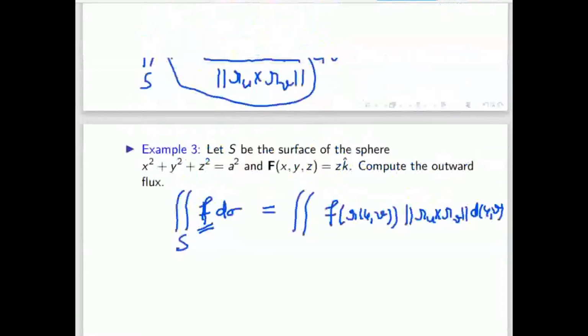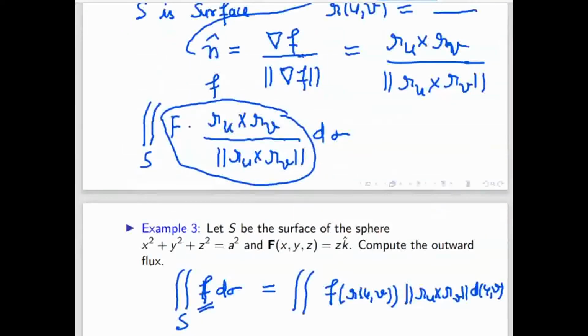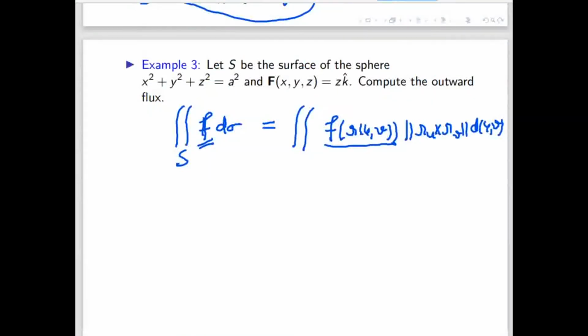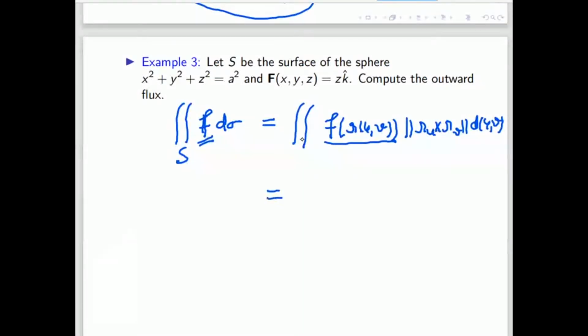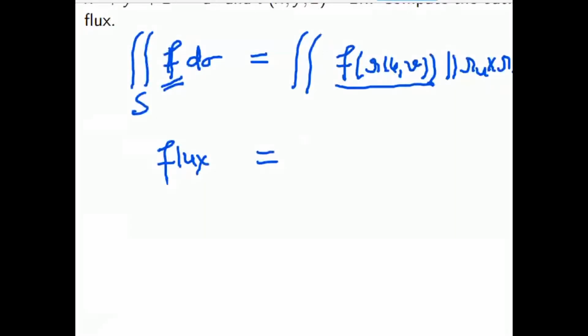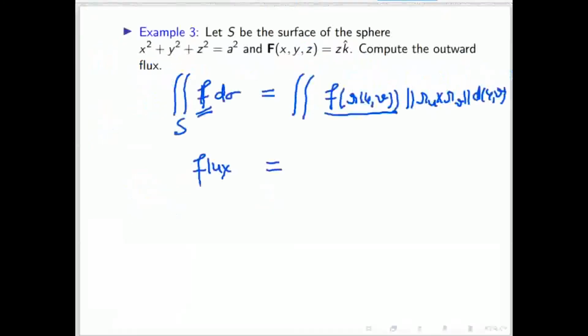So the flux will become the integral of F at r(u, v) dot Ru cross Rv divided by its norm, and this norm is also there, so it will cancel out, and then du dv.